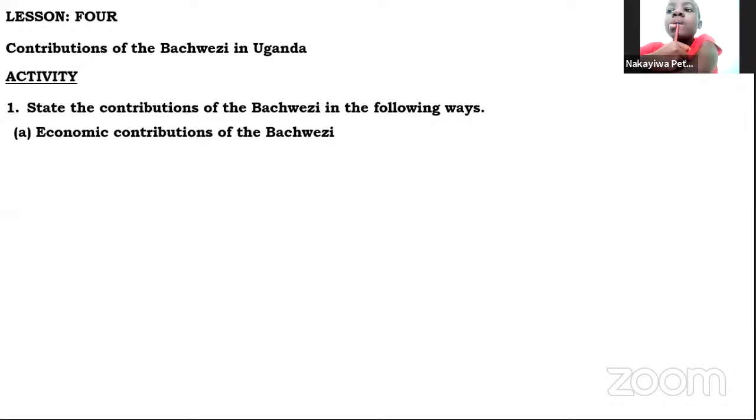Kevironji Joan, give us another one, apart from longhorn cattle and iron smelting. Kevironji Joan, are you still there with us? They introduced coffee growing. Very good.